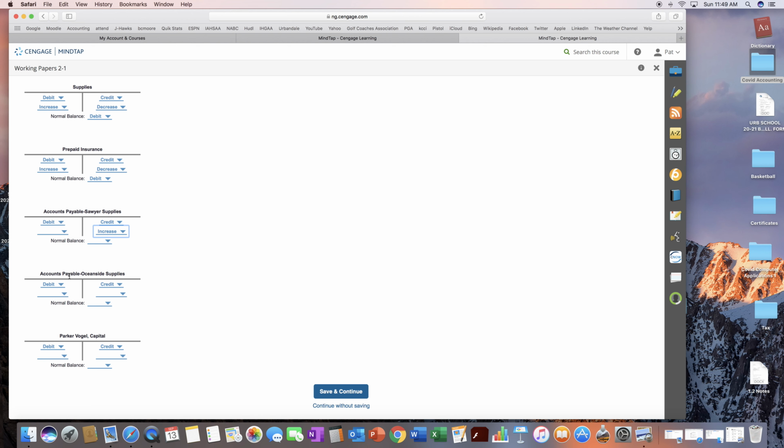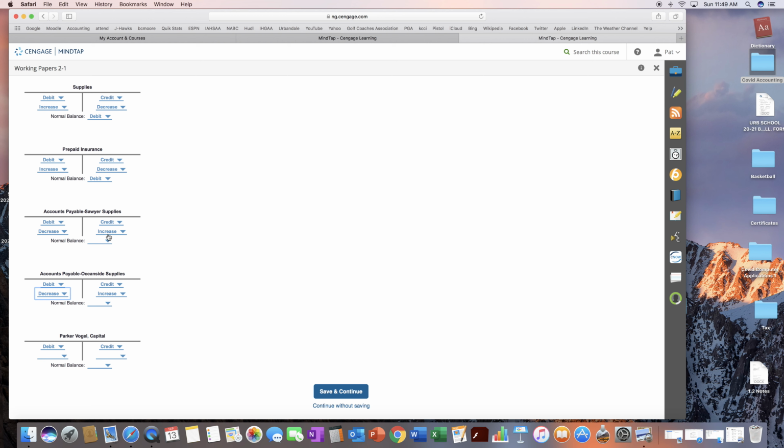So accounts payable is also a liability. If we buy something on account, meaning we'll pay for it later, we increase it with a credit. So accounts payable will go up with the increase, which is a credit. They will go down when we pay these bills off. We will have to debit them, and that lowers the accounts payable.